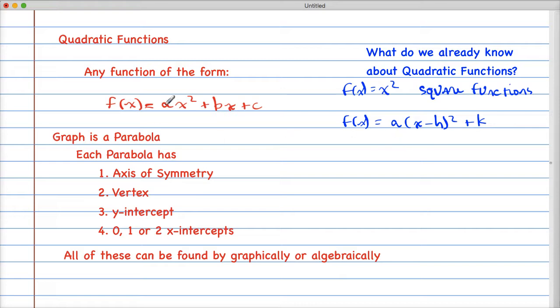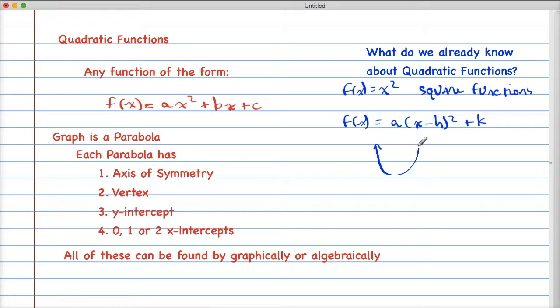So this a is the same a that we see right here. The h and k, we're going to show you how to determine those given the a, b, and c in a little bit. But I want you to keep in mind that all of this stuff basically is interchangeable. It's all related. It's all talking about the same kind of function. If we have a quadratic function, we know that it's some interpretation of this most basic parabola.